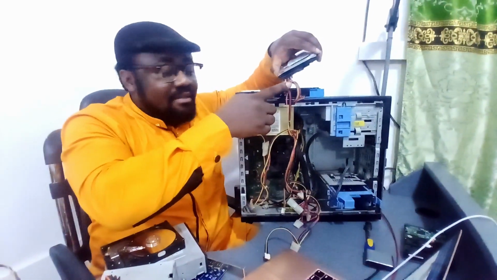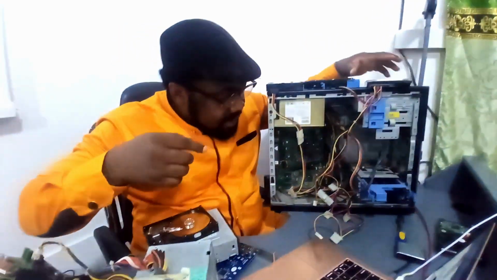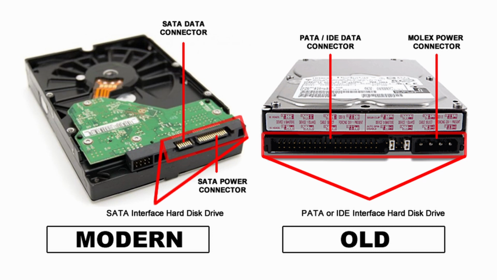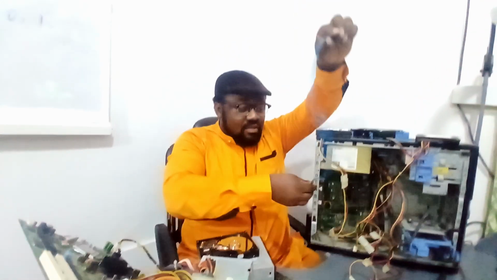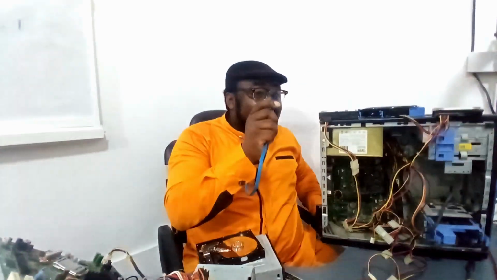It's receiving the cable from the power supply unit. Now, very soon we'll talk about how it transmits data onto the motherboard so that the CPU and other components can communicate with it. It uses this. This one here is a SATA data cable.